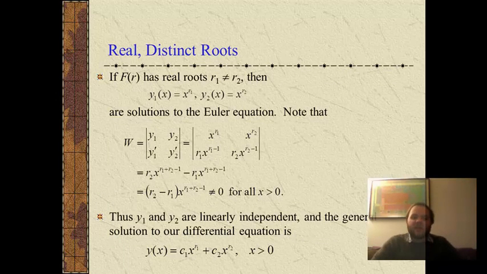So, if we have two different roots, notice the Wronskian works out, and they do work out because we don't want x equal to 0, and r1 and r2, when they're distinct, aren't equal to 0 when you subtract them. So, they are linearly independent if r1 does not equal r2. Take a second to look at that.